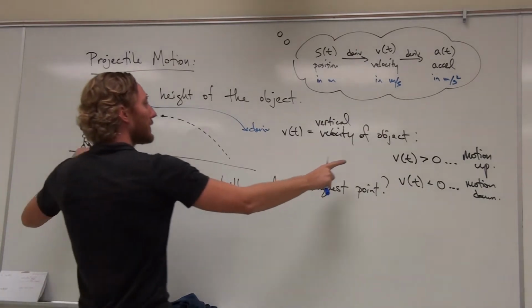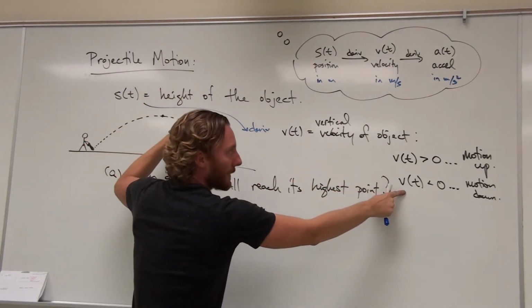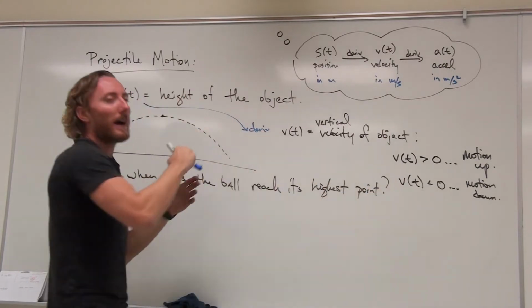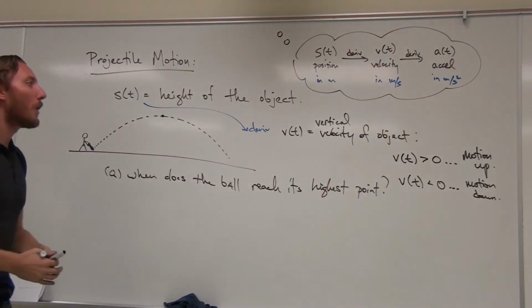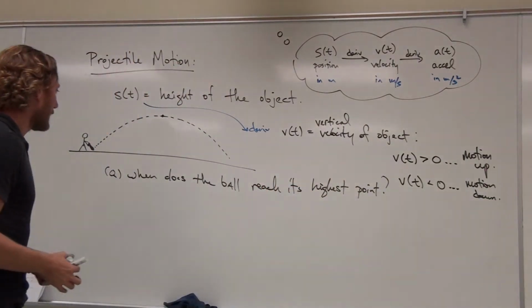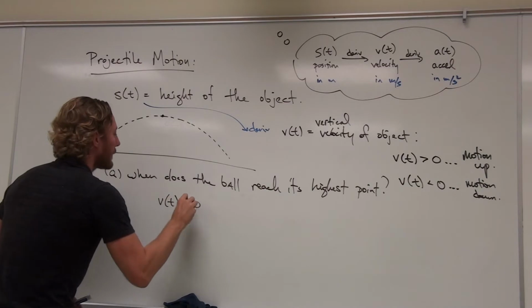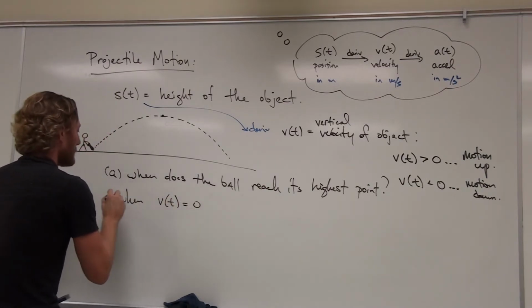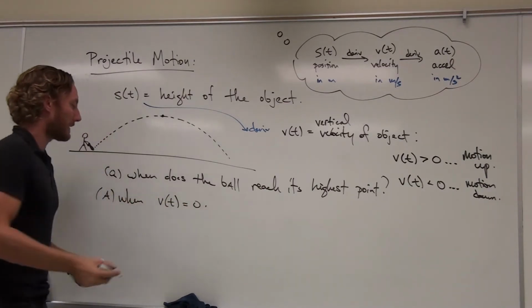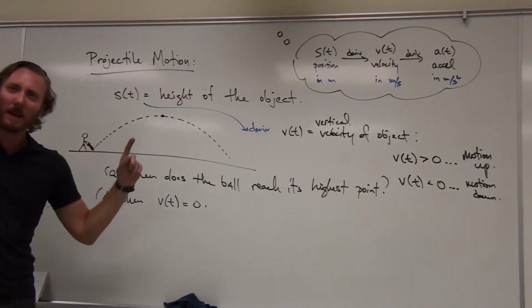When the ball shifts from positive velocity to negative velocity, you're at your highest point. And where do you shift from the positives to the negatives? Well, it's 0. So when does the ball reach its highest point? When the velocity is 0.